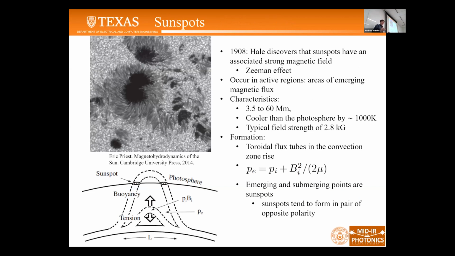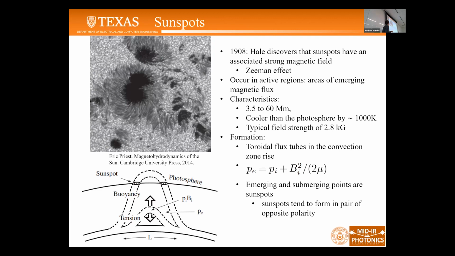The origin of these sunspots are toroidal magnetic flux tubes that exist in the convection zone. So these are essentially just really big donuts in the convection zone. And these magnetic flux loops experience a buoyancy force.